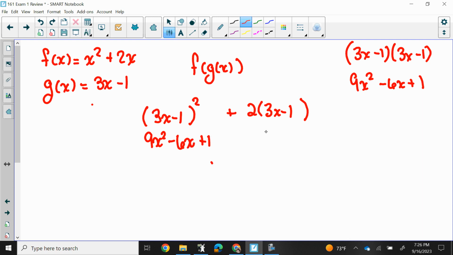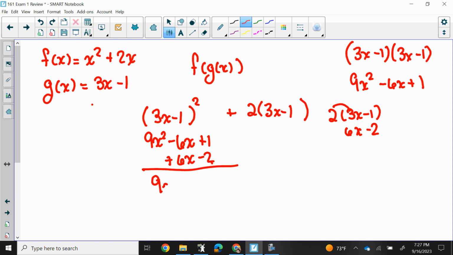And then this is 2 times 3x minus 1, which is 6x minus 2. So I add 6x, and then I subtract 2. Make sure you're combining your like terms. So I get 9x squared minus 1, and that's f of g of x.